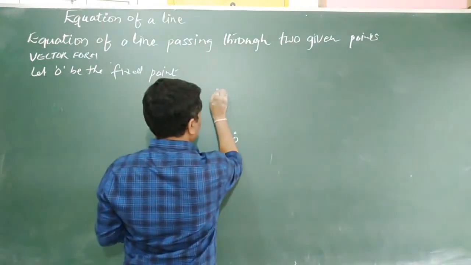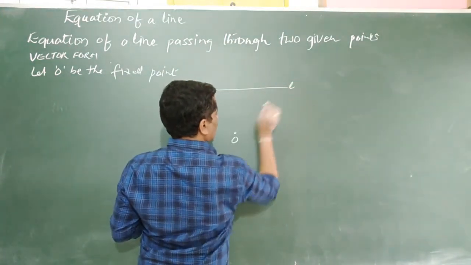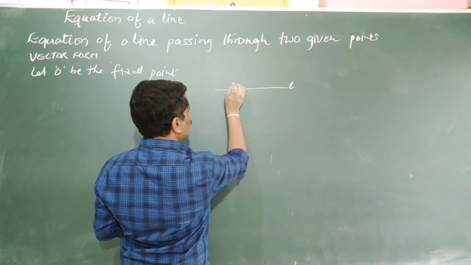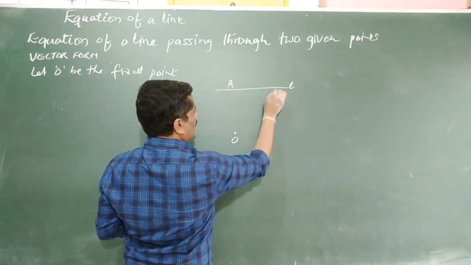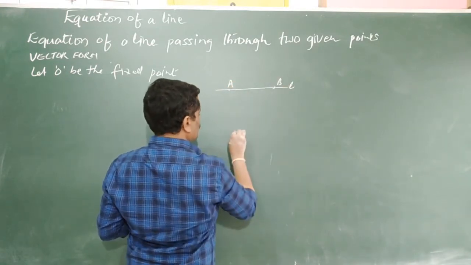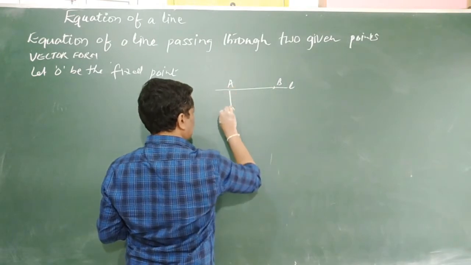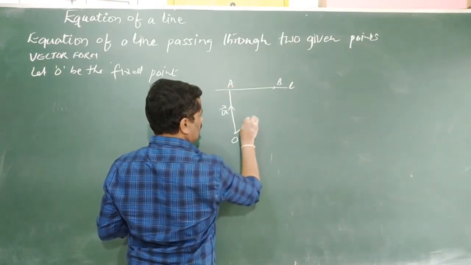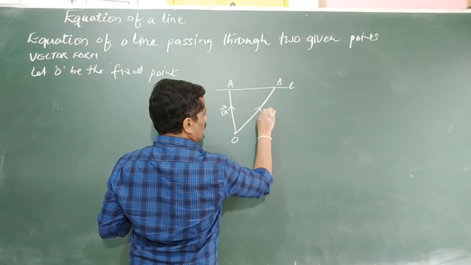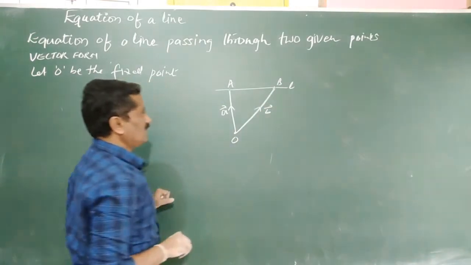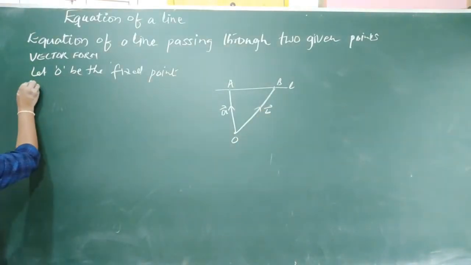Let L be the line passing through 2 points A and B whose position vectors are a bar and b bar respectively.